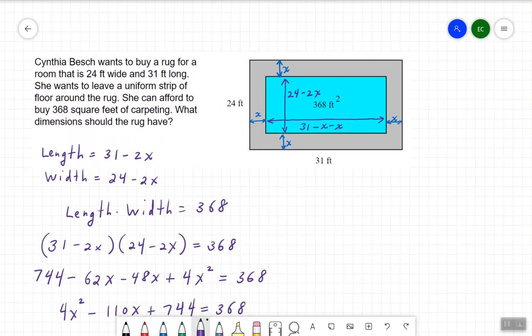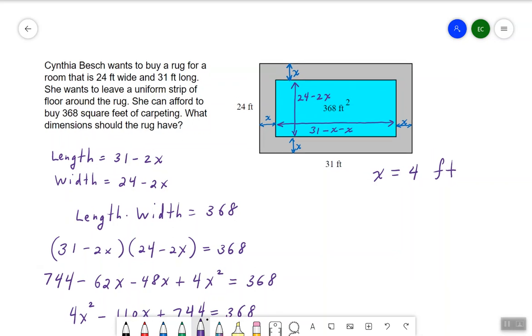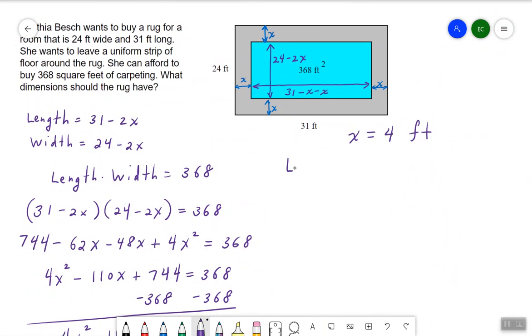And then we want to be just a little bit careful here. So we figured out that x is 4 feet. And then the question asks, what are the dimensions that the rug should have? So the length would be 31 minus 2 times 4, which is 23 feet.